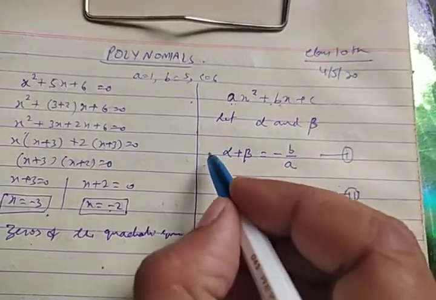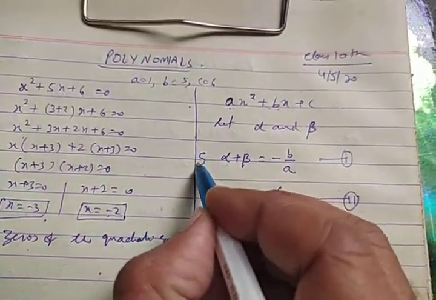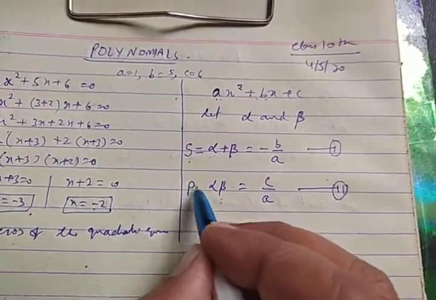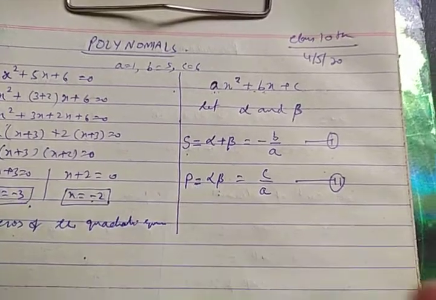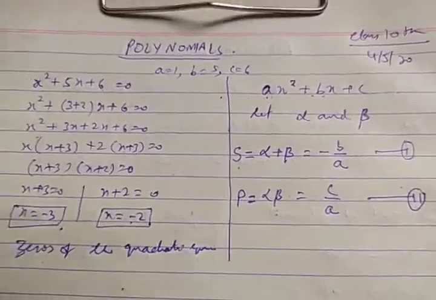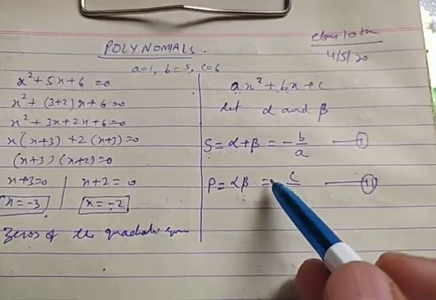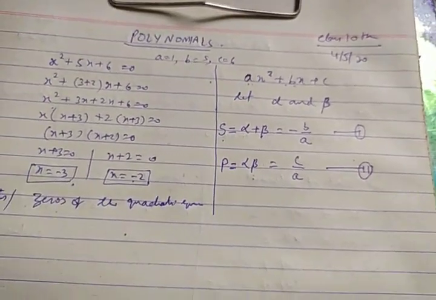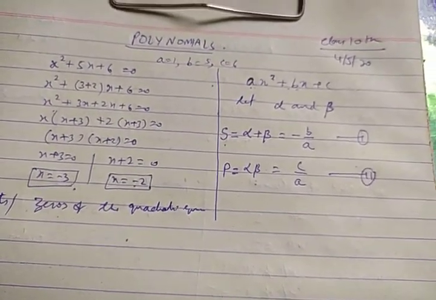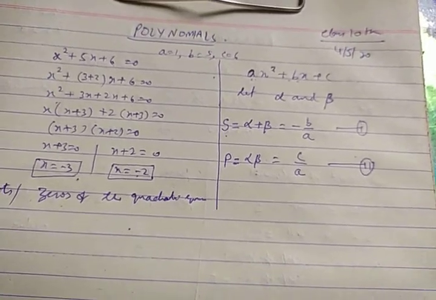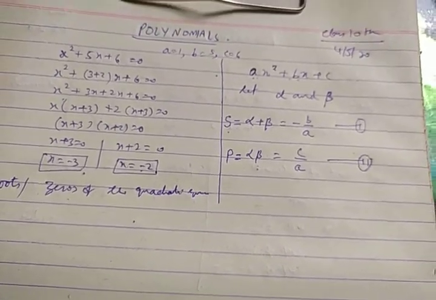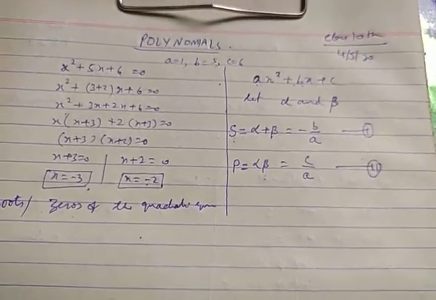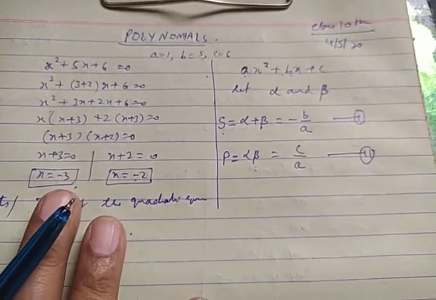For the sake of simplicity you can represent the sum of the roots by S, S means sum, and the product by P, P means product. Product means multiplication of two quantities. You can obtain these two quantities straightforward from the given equation. In the exercise you will get the question to verify. Let us see what the meaning of verification is, with the example I have taken.